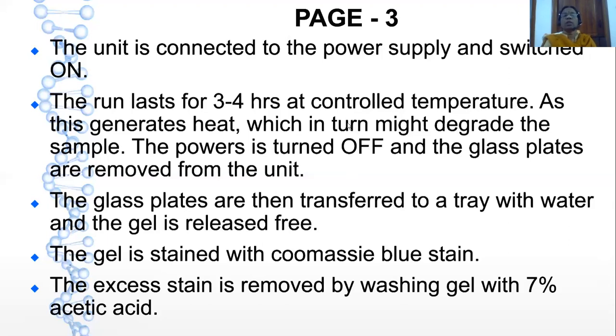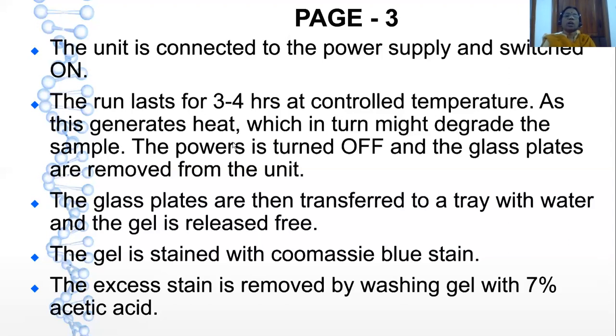It has to be run at a temperature of around 25 to 30 degrees. So it is always advisable to run polyacrylamide gel electrophoresis in an AC or air-conditioned room. Otherwise, we can also use the refrigerator. You can create a space in the refrigerator and, through the cords, connect it and run the electrophoresis in the refrigerator. That also is fine.